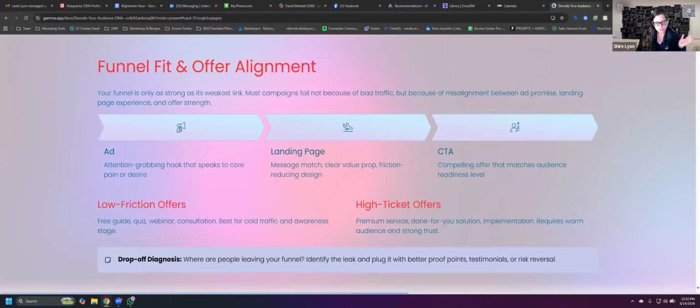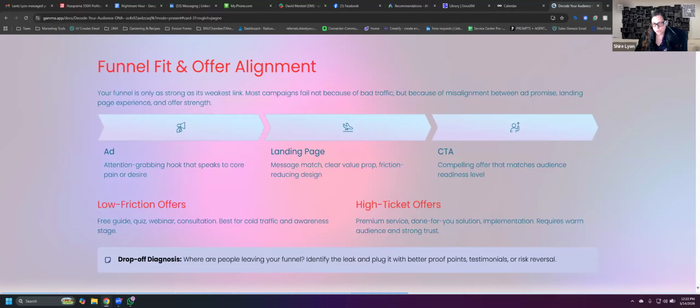You have low friction and high ticket. So think about your low friction offers as things like free guides, quizzes, webinars. Service-based people, sometimes that low friction is the free quote where they get to see your product or service, find out how much it'll cost and what it entails. Those kinds of things are best for cold traffic, people who are at the awareness and research stage.